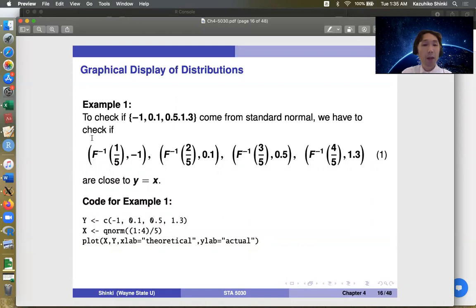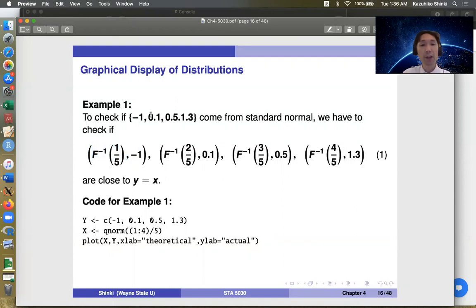If we have these as x coordinates and the actual observations as y coordinates, we can expect these values to be similar. This is the smallest observation out of 4, and this is the smallest value of a typical realization of 4 random numbers which follows distribution F.